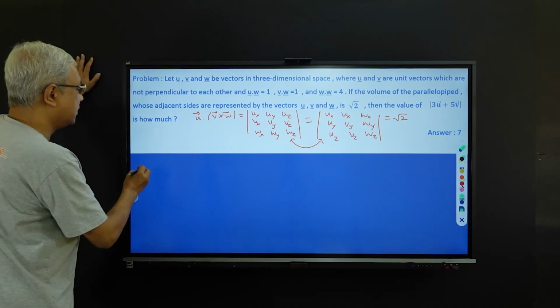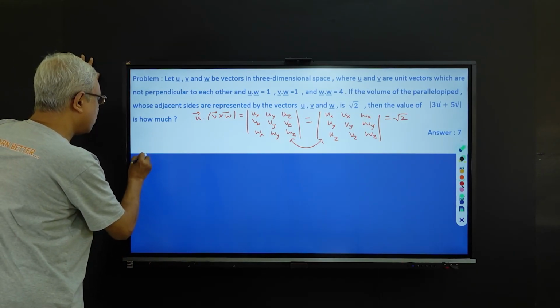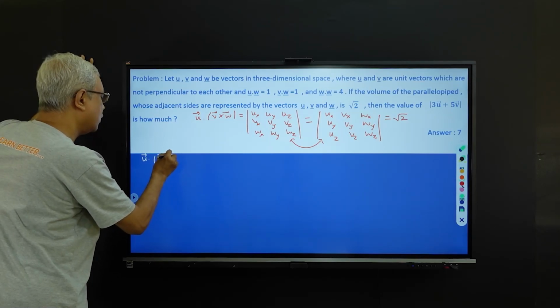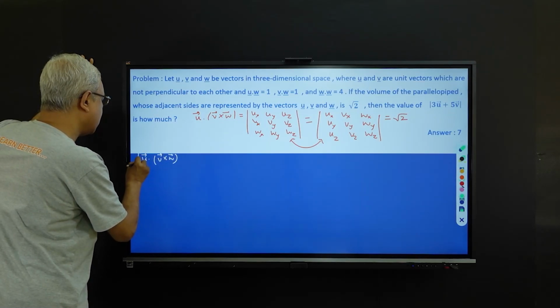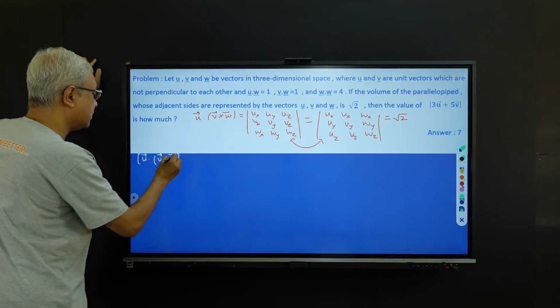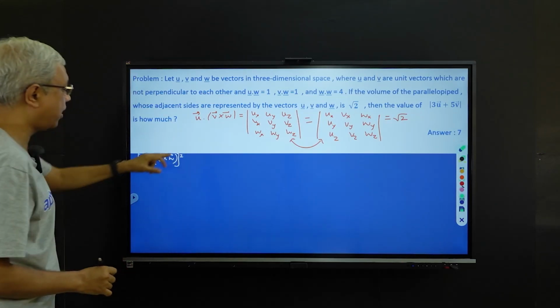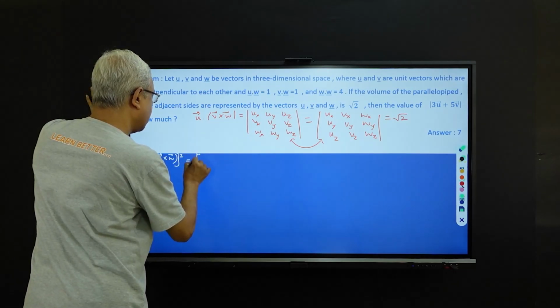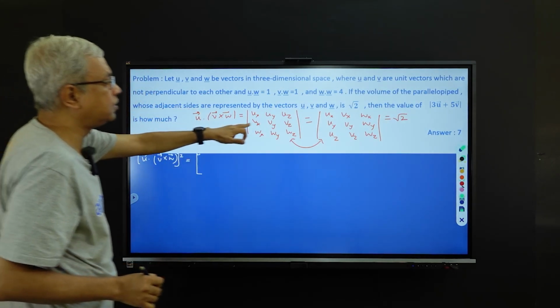That means if I write U dot V cross W multiplied by the same thing, if I take the square of this, then it is nothing but the product of these two determinants.